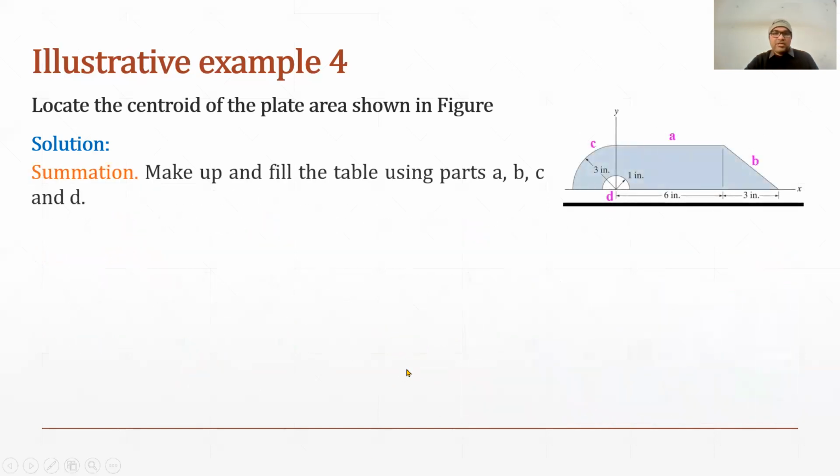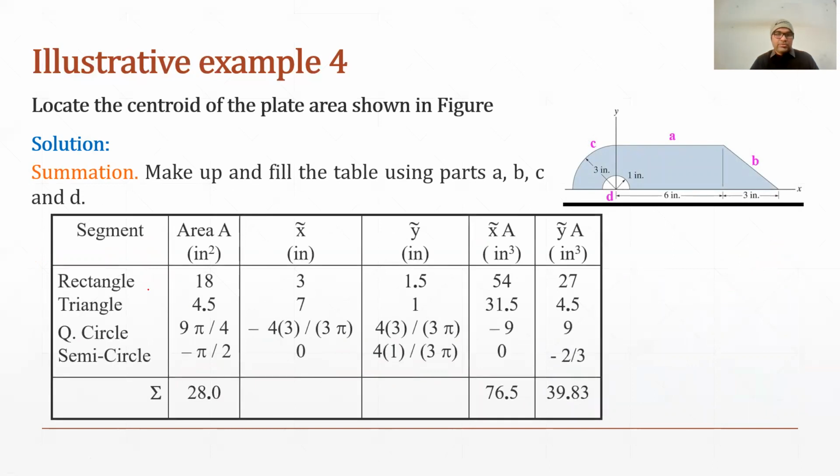So now we can make the table and do the calculation. So we have now 4 segments: rectangle, triangle, quadrant circle and semicircle, and the area of semicircle we have taken as negative. Similarly, we can have x approx value, y approx value for all these things.